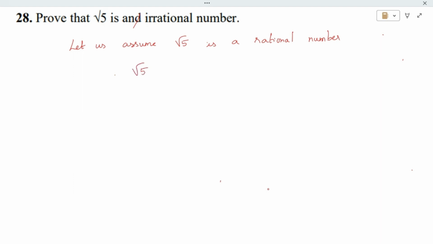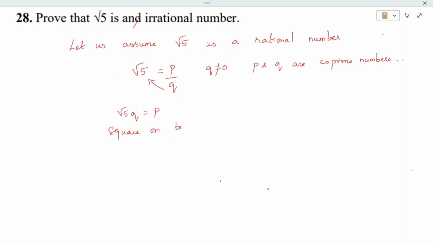If it is a rational number, it can be represented in terms of p by q, right? Numerator by denominator, where the denominator is not equal to 0 and p and q are co-prime, which means the HCF will be 1, isn't it? Co-prime numbers. Now just take q to the other side. So root 5 q is equal to p. Square on both sides.